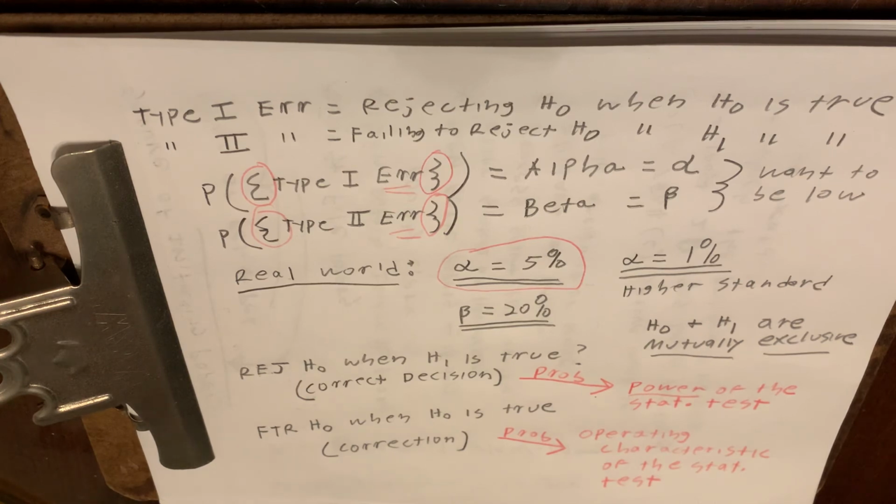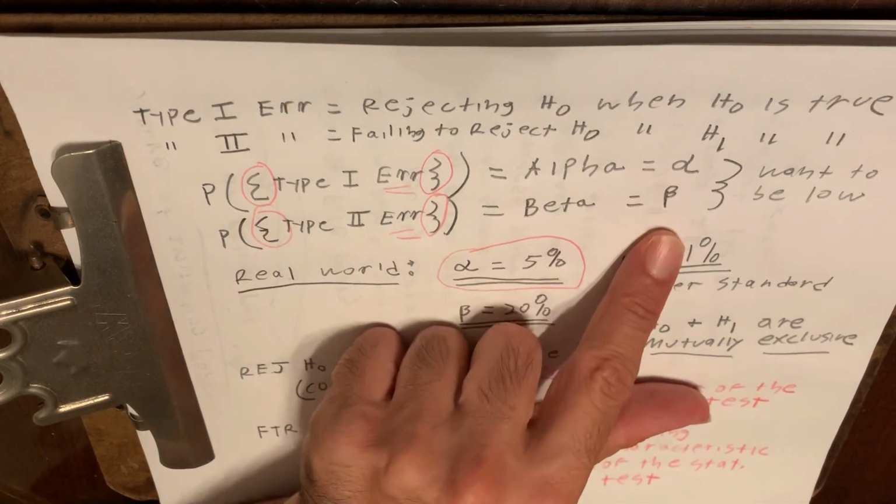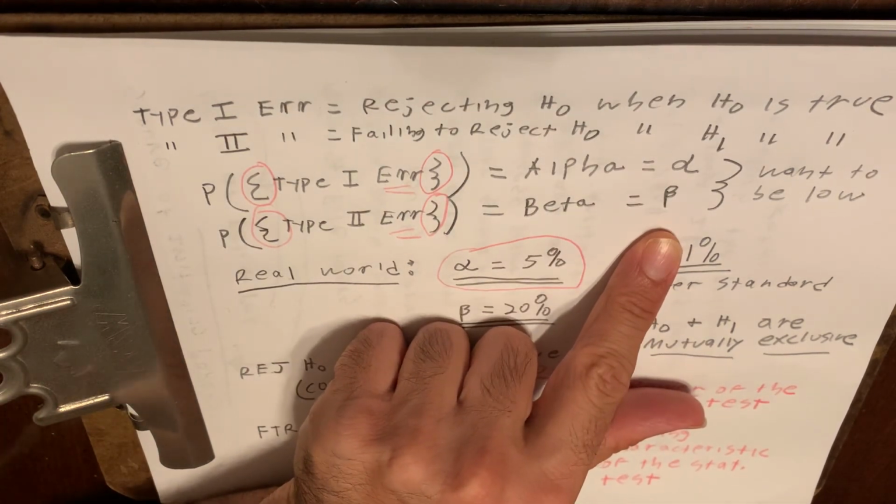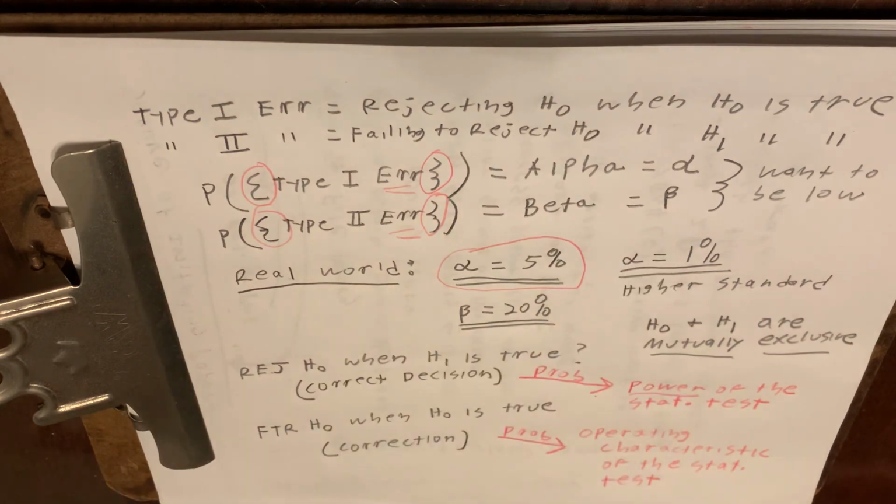If one is false, the other is true. And so by partitioning our universe into these two mutually exclusive states of nature, we now have exactly two types of errors, which we can calculate the probabilities of, and these probabilities are called alpha and beta. How cool is that? That there are only two types of errors. There are exactly two types of errors.